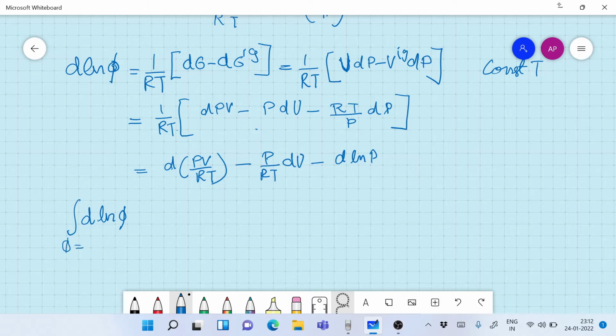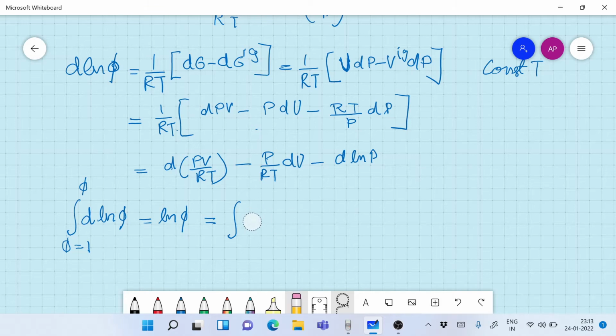This has already been discussed. For an ideal gas, the fugacity is 1. For a real gas, the fugacity is phi. So we get ln phi. Now this gives us a starting idea for solving it on the RHS. In the RHS, we have d(PV) by RT is the first term.